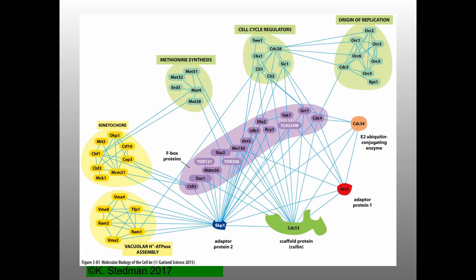But these different adapter proteins, the F-box proteins and the SKP1 protein down here, one thing to notice, these are the ones that are really heavily connected to all kinds of other things. And of course, not surprising, these are the adapters that help bring in those other proteins to the ubiquitin ligase complex in order to get them modified.